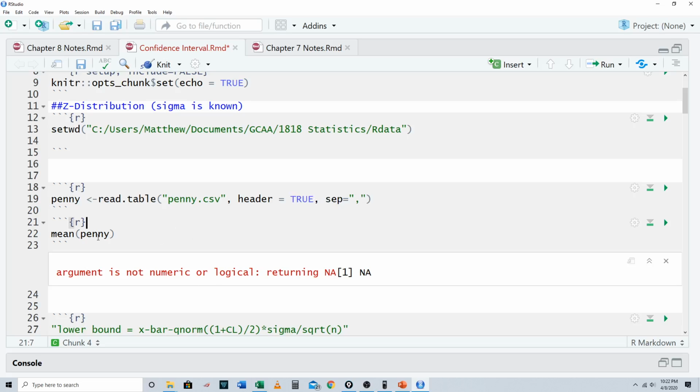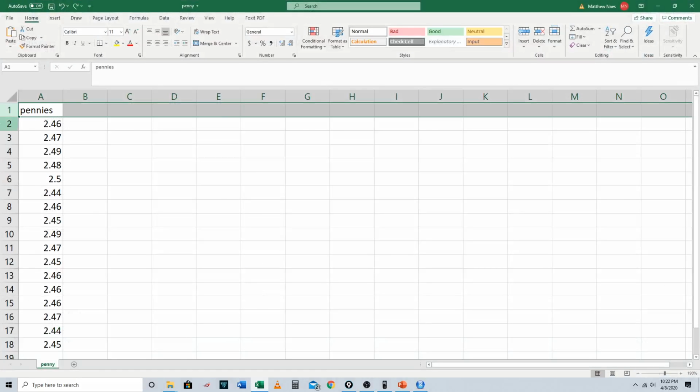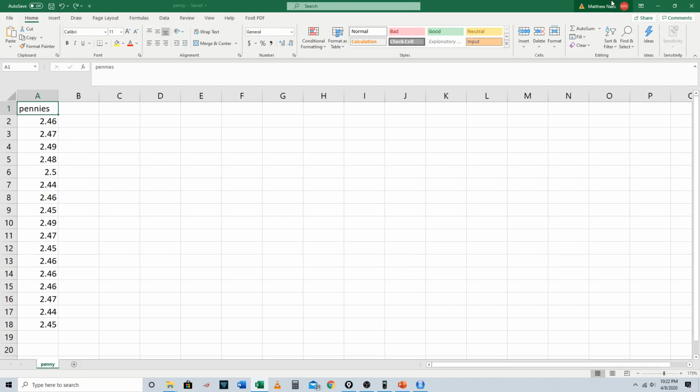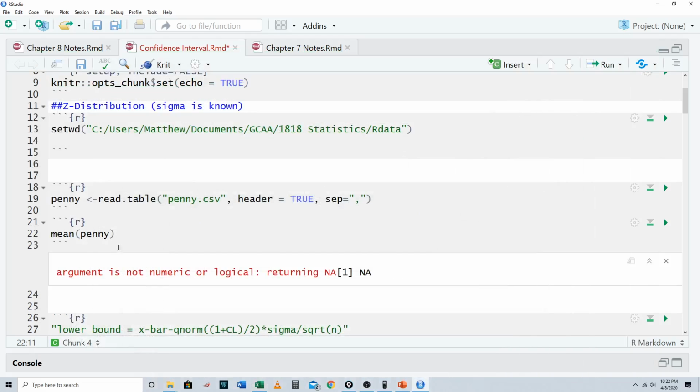Right, and then I'm going to leave that in here as here. Save. Run this now, and then $ pennies. Now I shouldn't have any trouble. There we go. There's the sample mean.